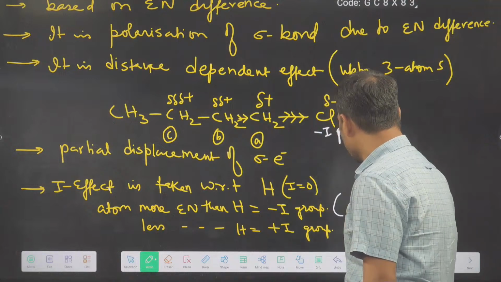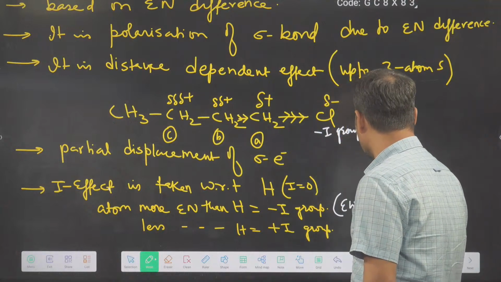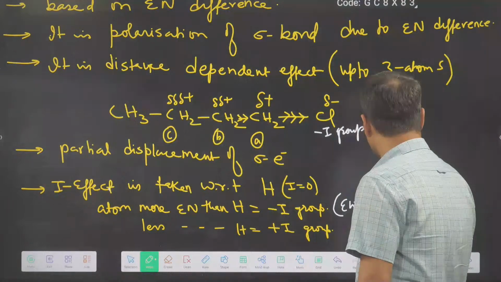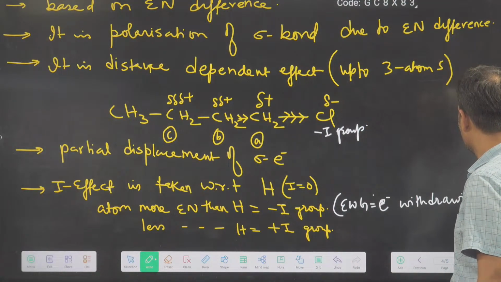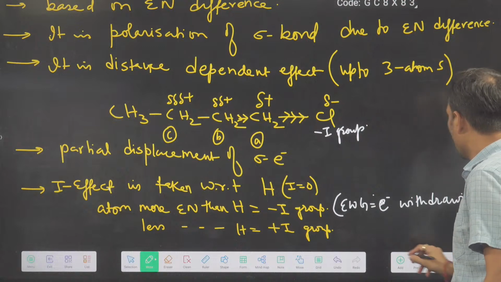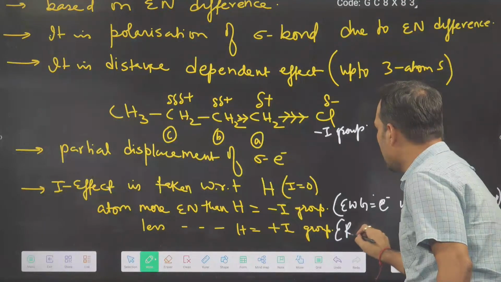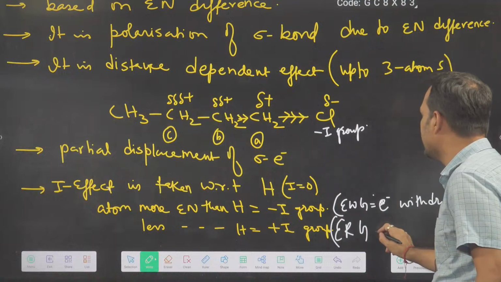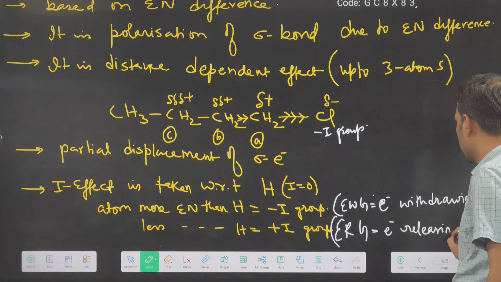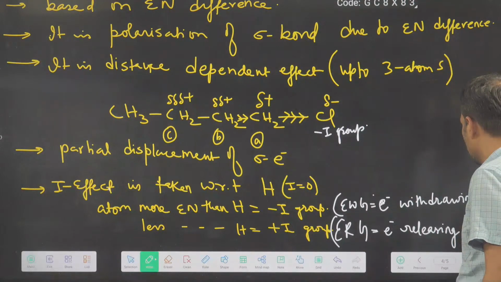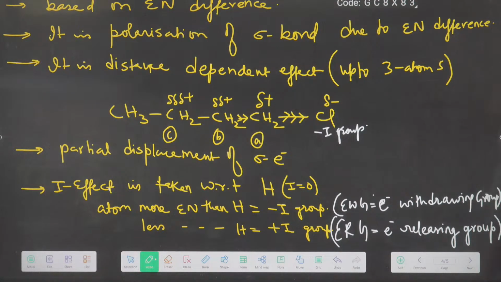Minus I group is also known as EWG, electron withdrawing group. And the plus I group can be written as ERG, or they also write EDG. ERG is electron releasing group. So plus I group, minus I group.